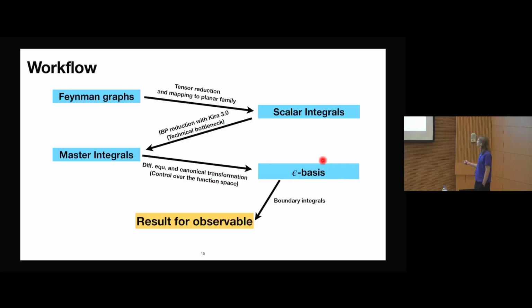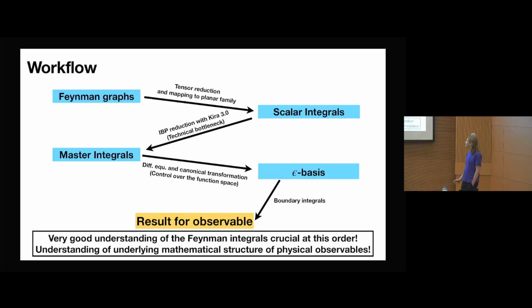And once we have done this, we have to compute some boundary integrals and finally get a result for our observable. For all these parts at this loop order, it's really important to understand the structure of these Feynman integrals and the mathematical structure of the physical observable.